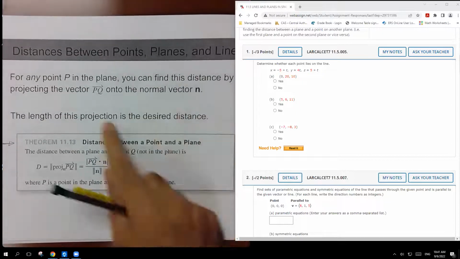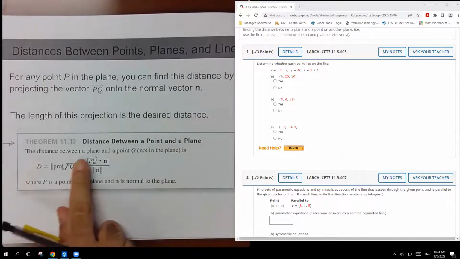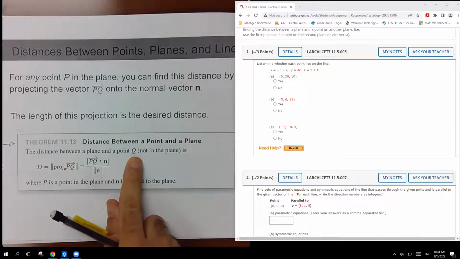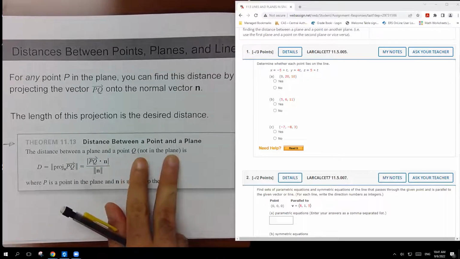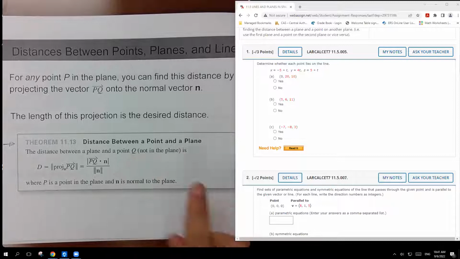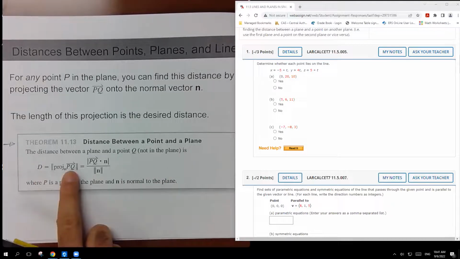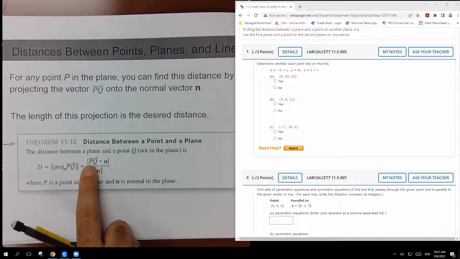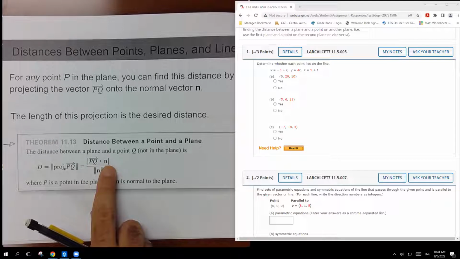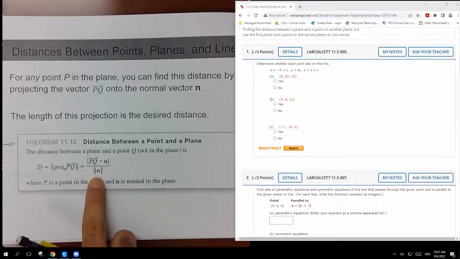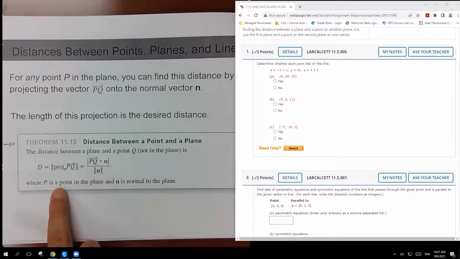So that's what they're telling you here. The distance between a plane and a point Q, not in the plane, it's outside the plane, is the projection of PQ over N, the normal vector, which is the dot product between PQ and the normal vector over the length of the normal vector, where P is a point in the plane.